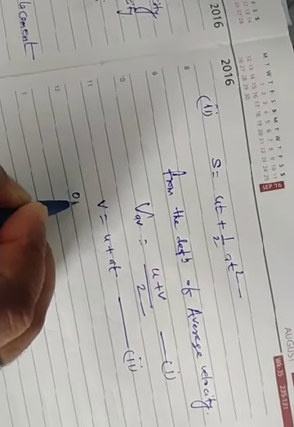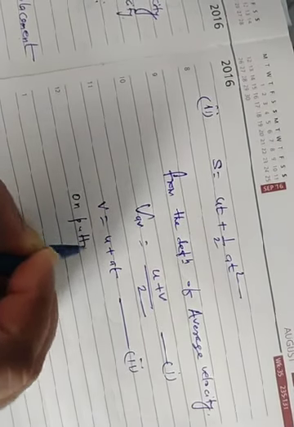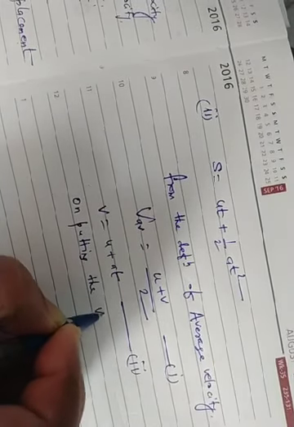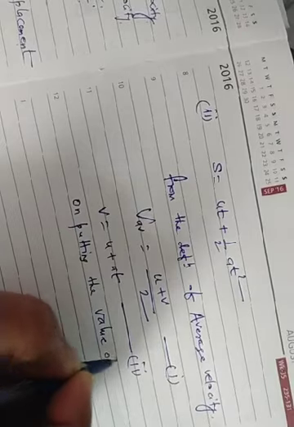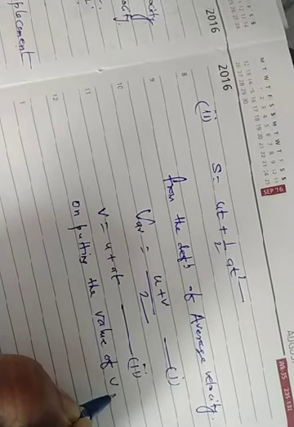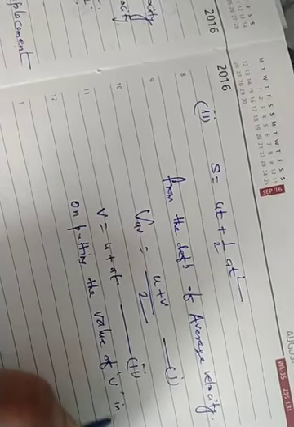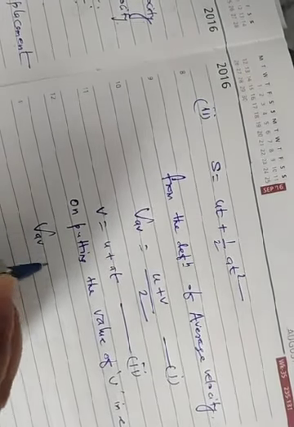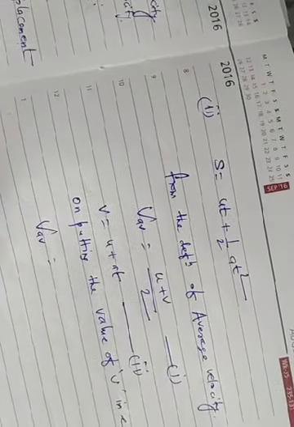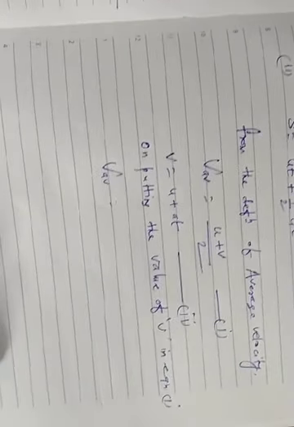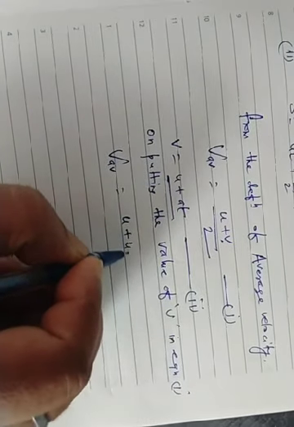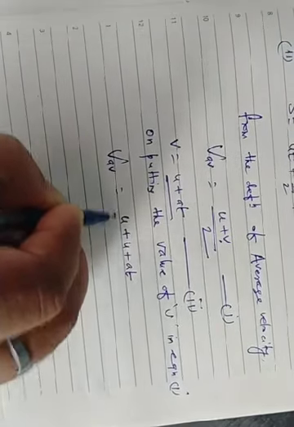Now on putting the value of v in equation 1, so V average equal to u plus v, instead of v, what we can write, u plus at, by 2.